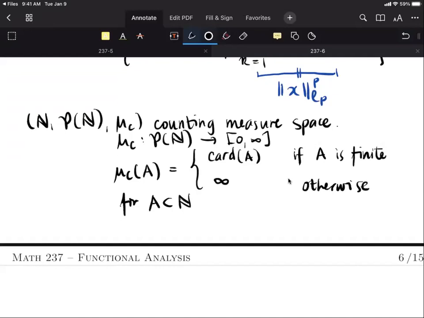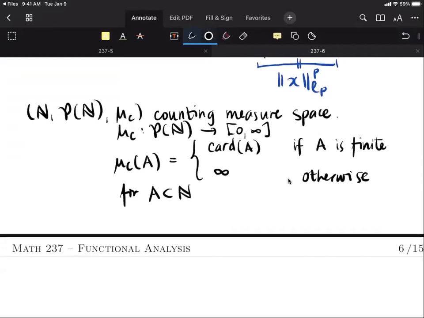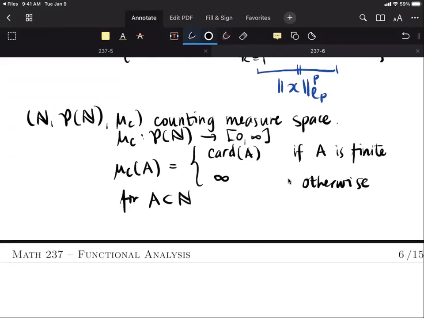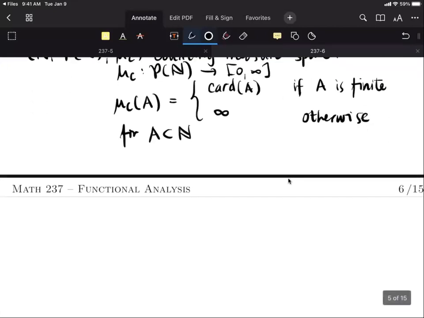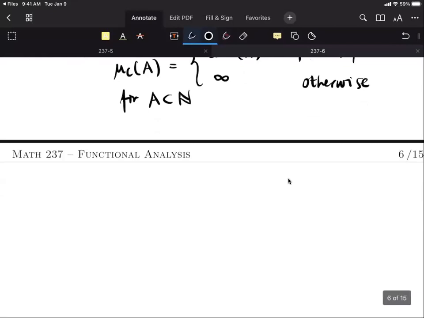One can check that this is indeed a measure on N. Okay, so let's start with a function x from N to K in L^p.